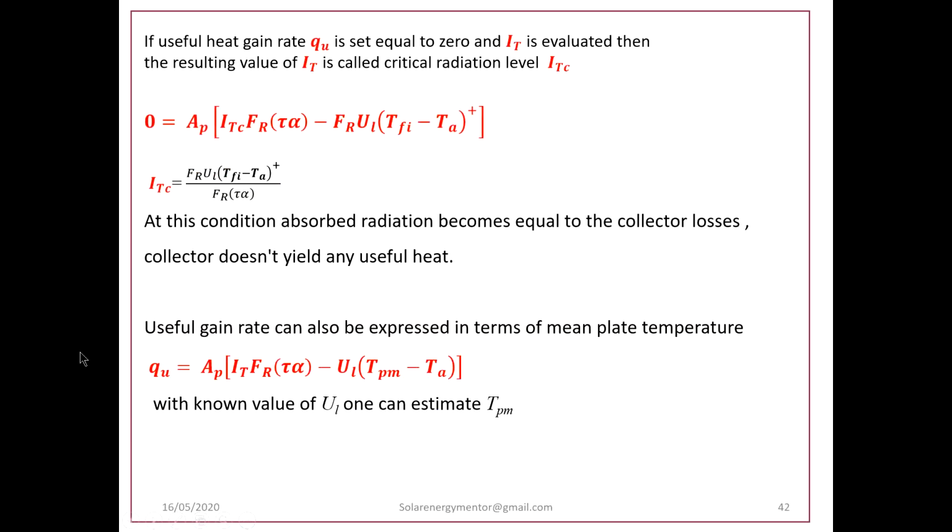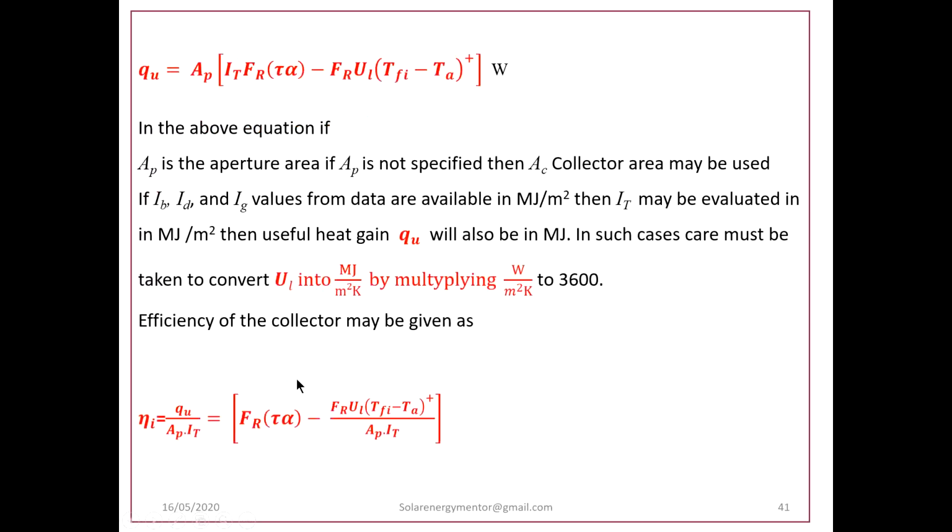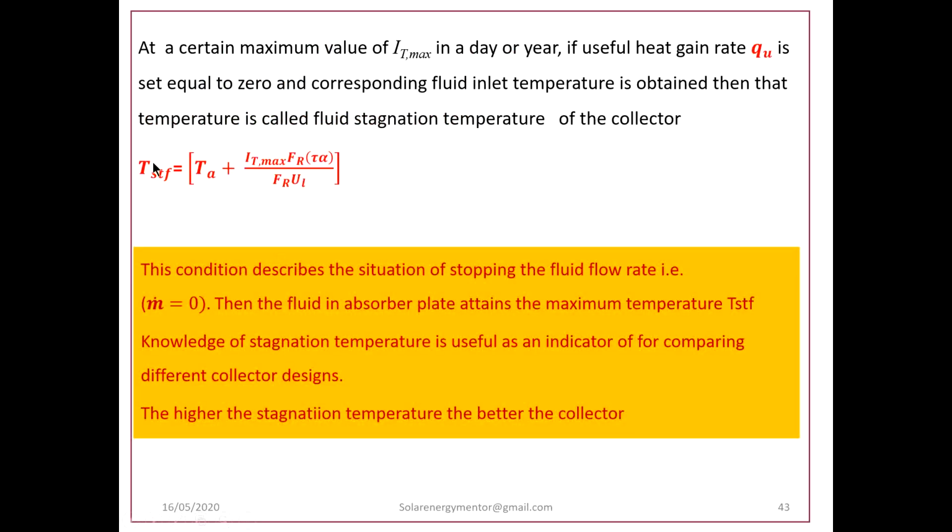You can see here, again, if you see the equation, you set this equal to 0. Okay, if you set this equal to 0, IT FR tau alpha will remain, and then you find the expression for TFI. So this TFI becomes TSTF. So this is the expression.